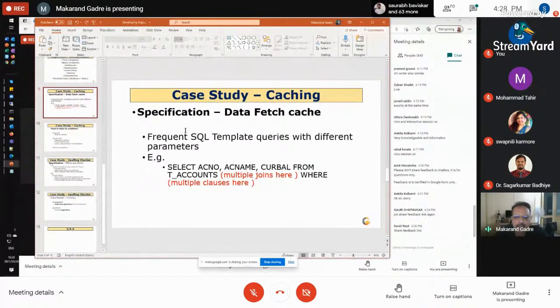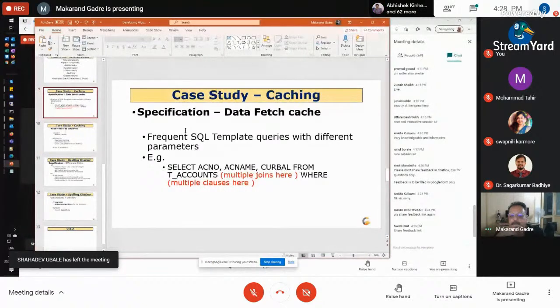Read this. This is a data fetch cache we want. So this simple SQL statement, typically in a bank, you're logging on from your mobile phone or from a website. And typically the query comes: select account number, account name, current balance from accounts, join with this, join with address table, join I don't know what, where date ranges between so and so, account number is so and so, that kind of thing.